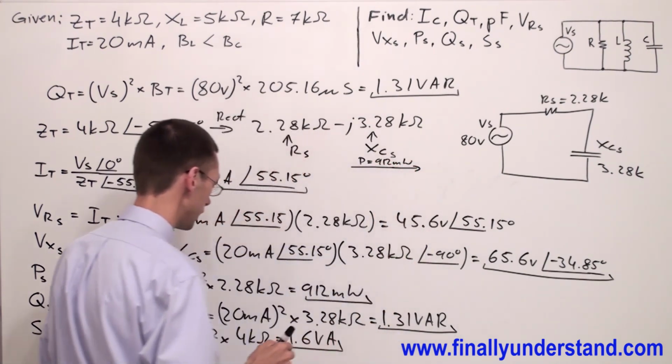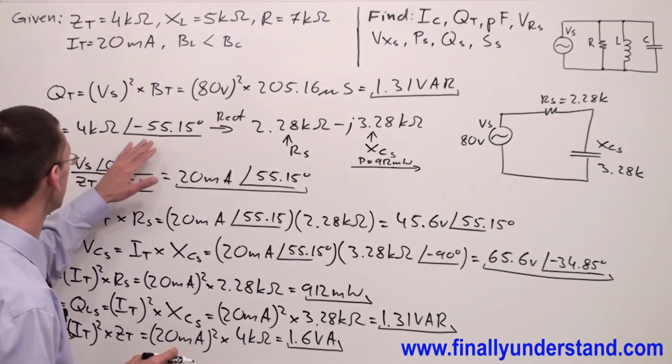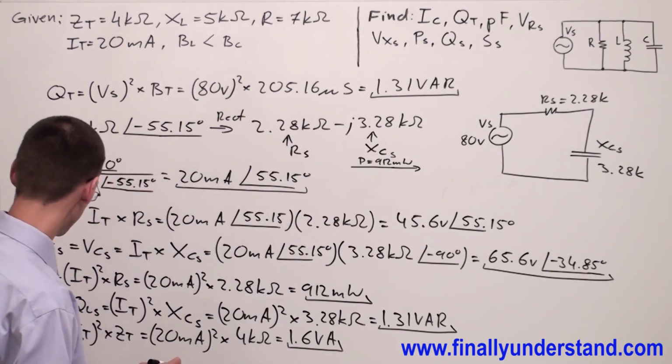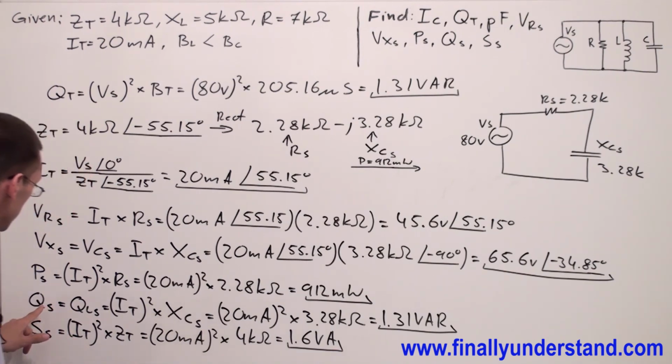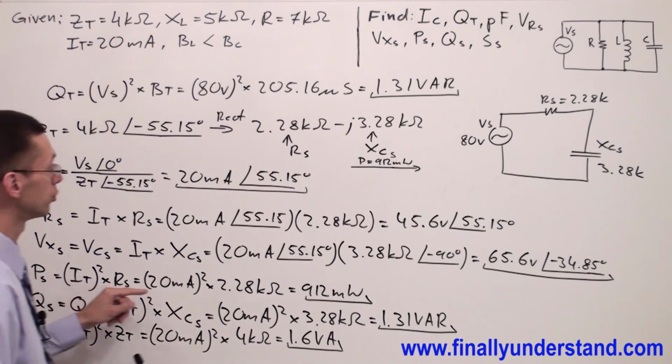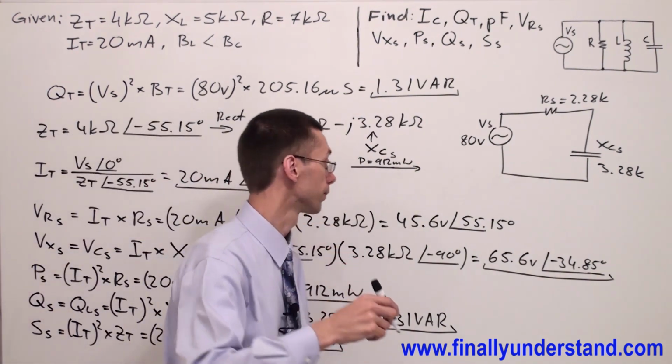Now, because my angle next to Z is negative, QS, or Q total as we can also call it, is going to point down.